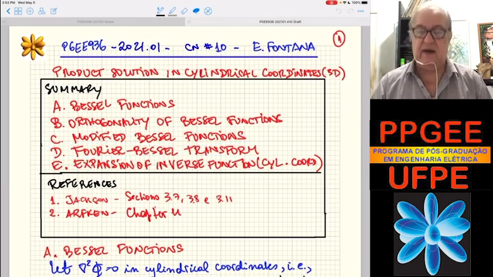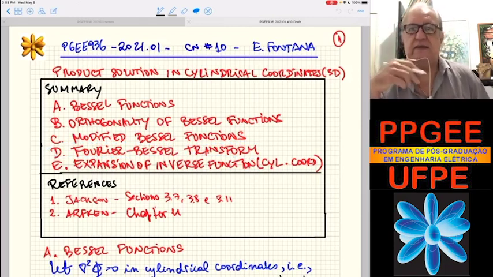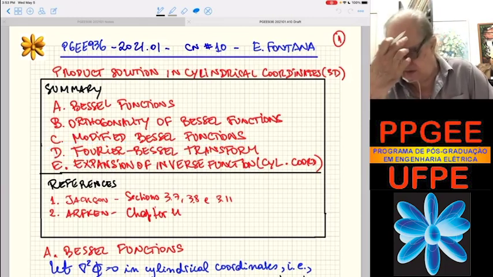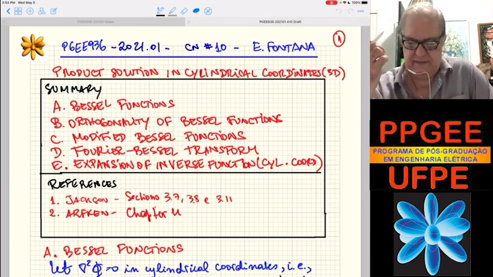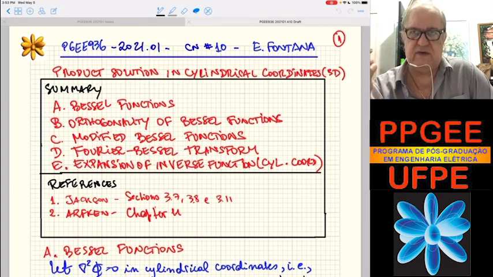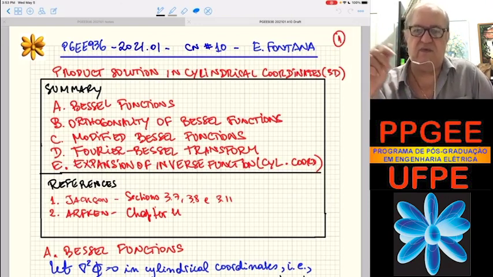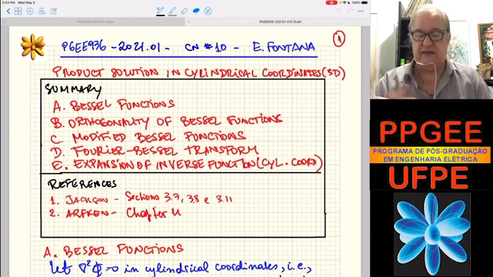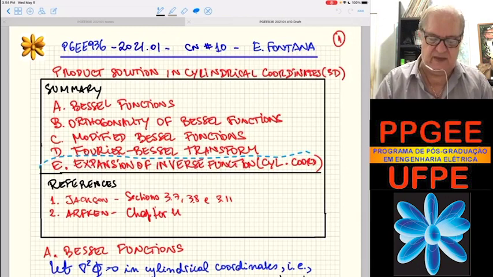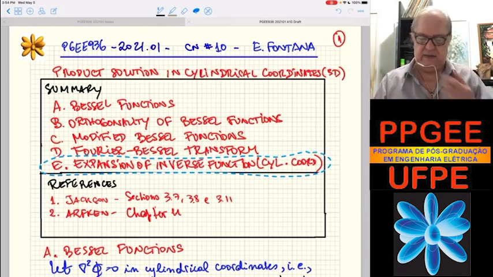And finally, we're also going to make one type of expansion of the inverse function in cylindrical coordinates. There are different ways to expand the inverse function. We're going to show one of them, so it's going to give you an idea on how to do those things.